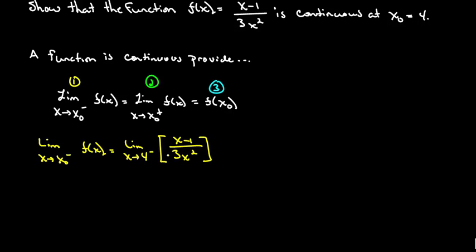Now this can be separated into top and bottom limits, and the reason we can do that is because the limit of the denominator is not 0. If it was, we can't do this.